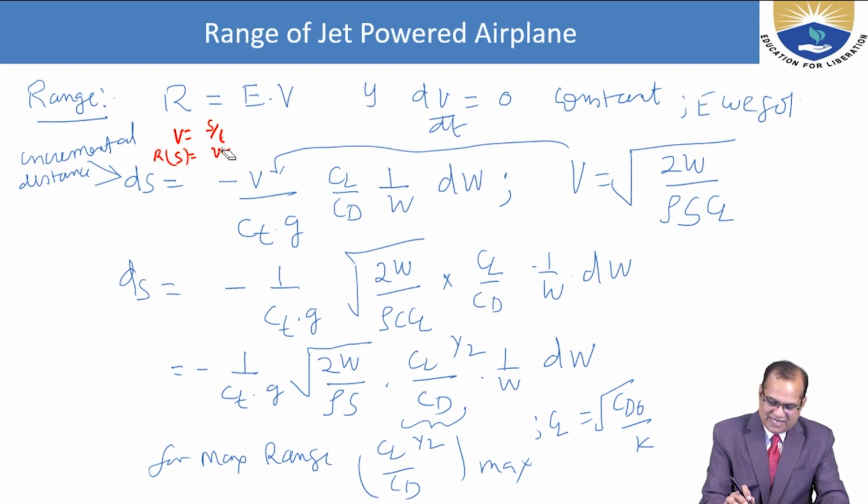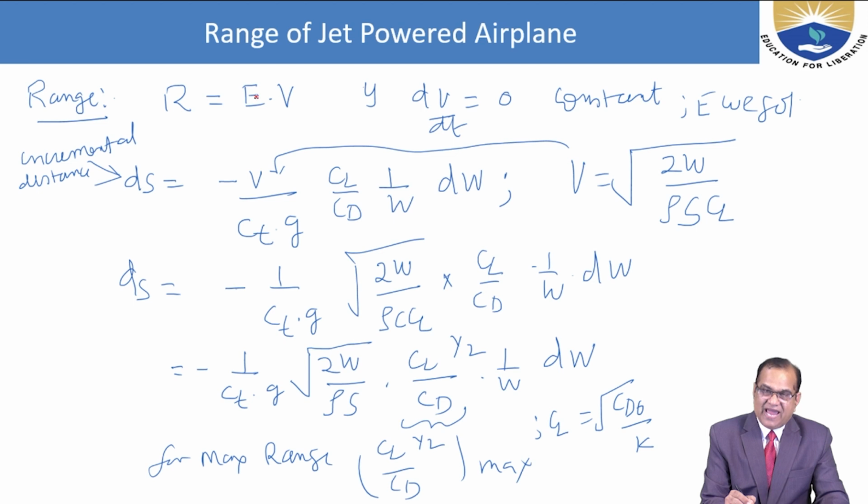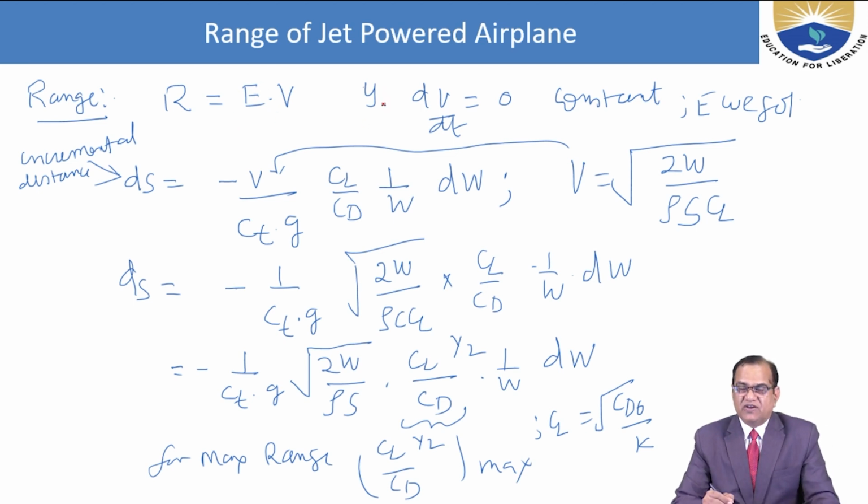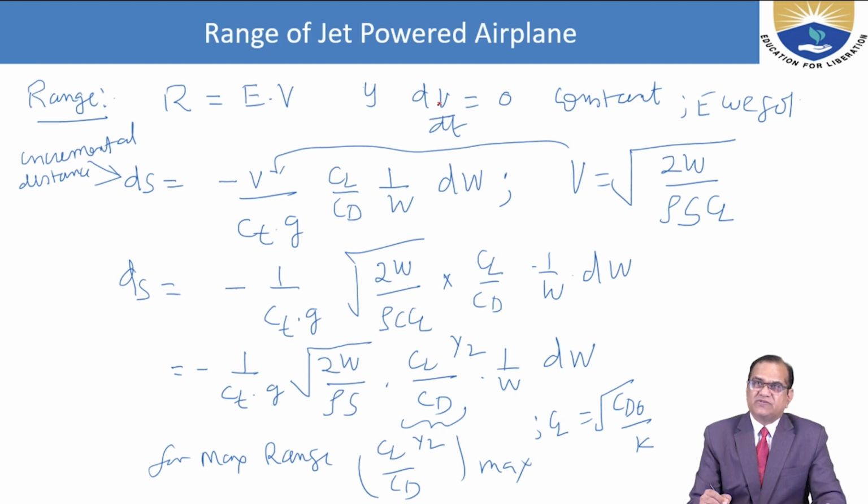So range is equal to time into velocity, or endurance into velocity. If this velocity is constant, it is unaccelerated flight, so dV by dt is equal to 0, or constant.